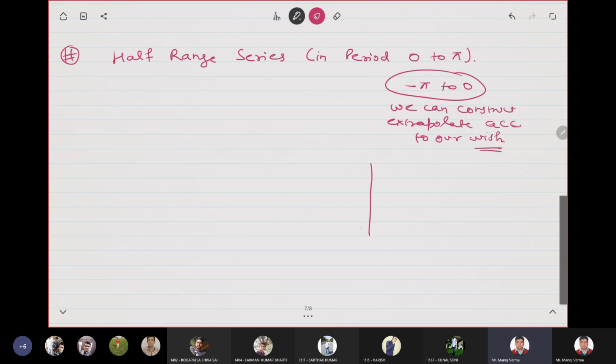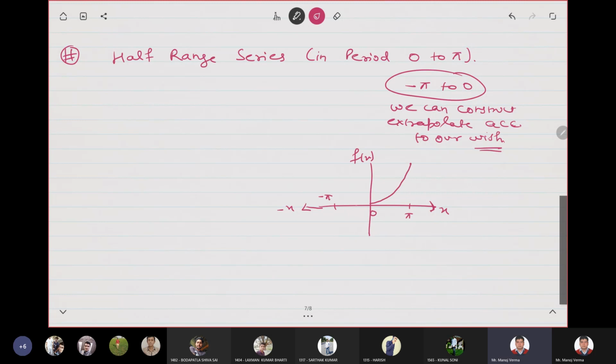So let's say there is a function like this. Okay, but it is defined only in the range 0 to pi. It is not defined in the range minus pi to 0.